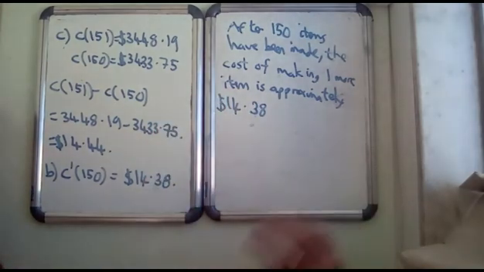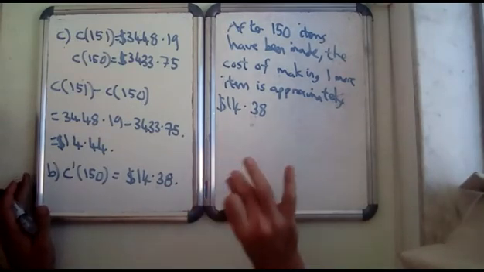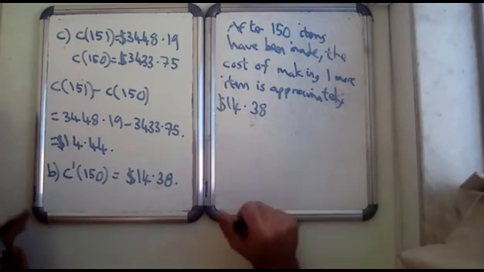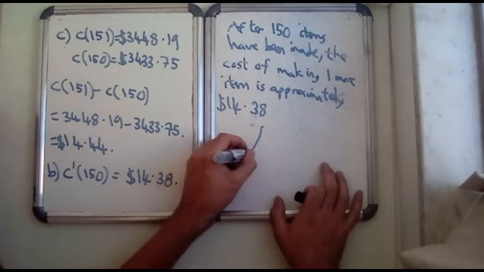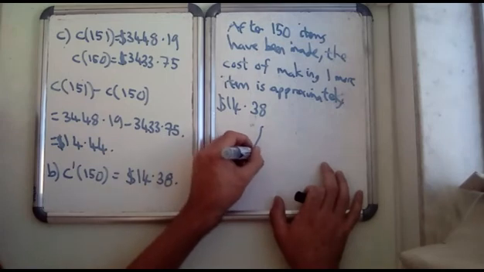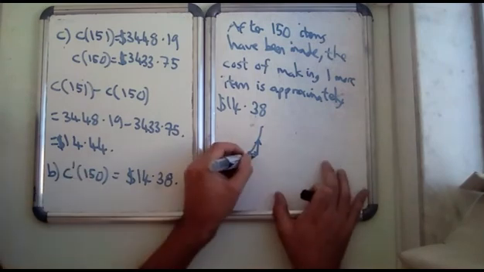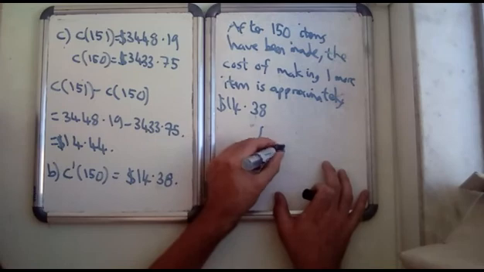So that's telling us at that point the rate of change. Remember, rate of change is about the change in y, in this case C, the cost, per unit 1 in the x direction. So if you've got this graph here and you're on the graph, if you go 1 that way, how much do you have to go up or down by? It's definitely up in this case. So it's saying if I move by 1, this would be 14.38.